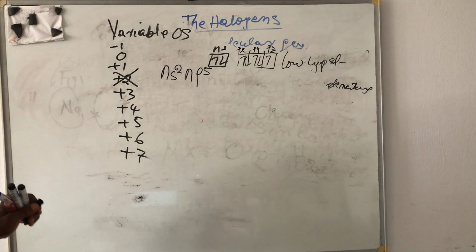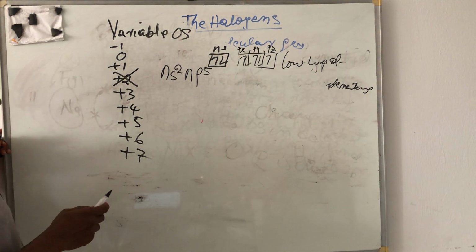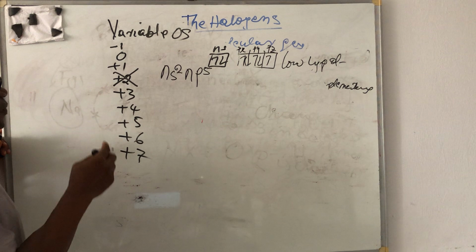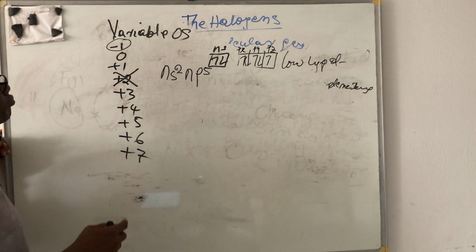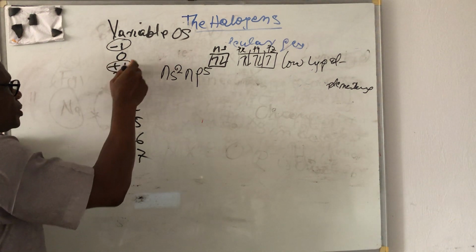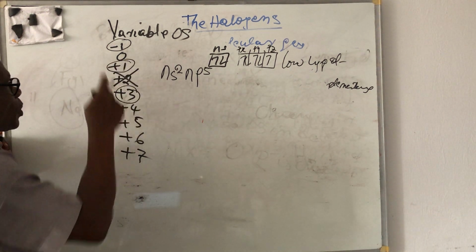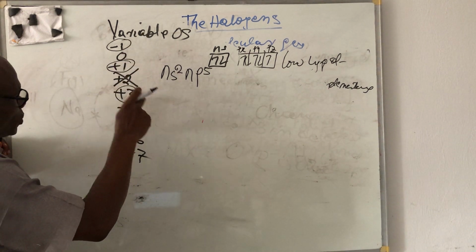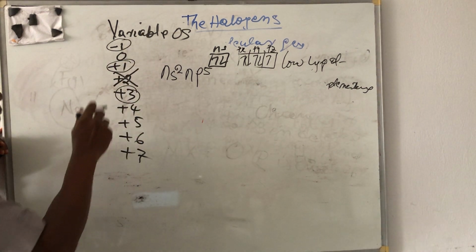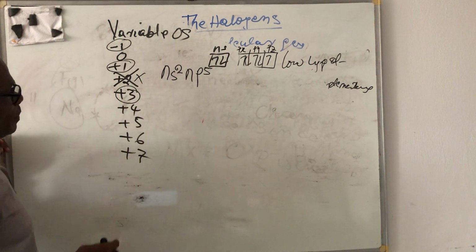What we mean now is that it is possible for a halogen to form a covalent or ionic bond at -1, +1, +3, and so on, but it cannot form at a +2 state.